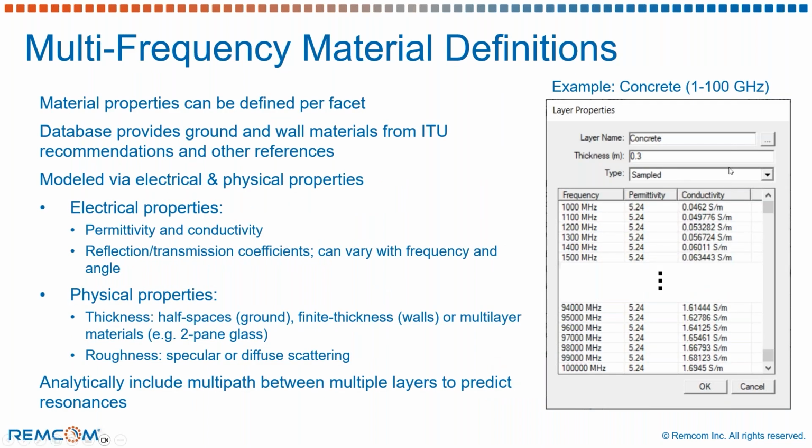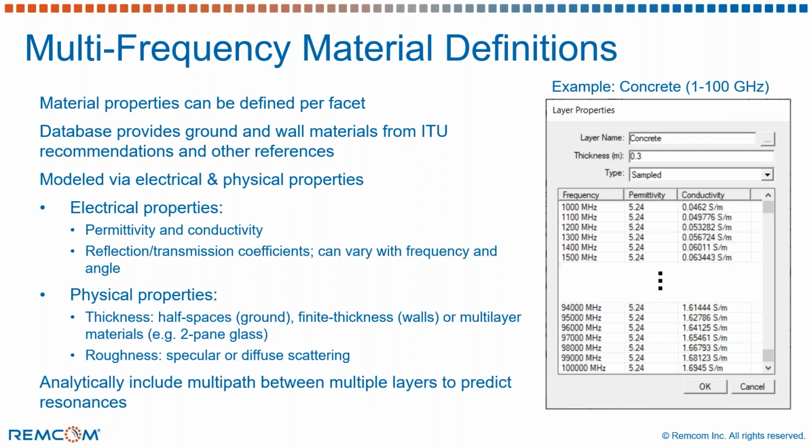For multi-frequency materials, as I said, there's a tabulated format. This is showing concrete from 1 megahertz to 100 gigahertz, and there's a long table with the permittivity and conductivity for each of those. That's a single layer though, and you can have even more complex materials.